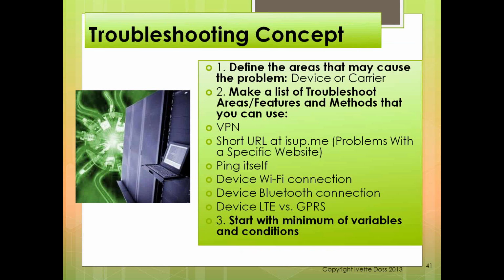Okay, define the areas that may cause a problem, device or carriers. Make a list of troubleshooting areas, features, and methods that you can use: VPN, short URL, ping itself, device Wi-Fi connection, device Bluetooth connection, device LTE, and so on. Start with a minimum of variables and conditions, so then you can isolate which pieces work.